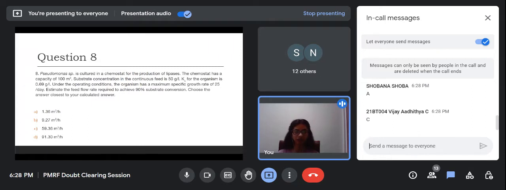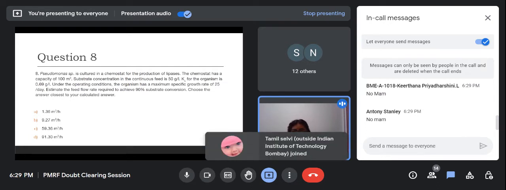So, in case you don't know how to solve this, just write no in the chat. Does anyone know how to solve this? You can unmute yourself and tell in case you do know how to solve this. Alright, so no is what everyone is saying.